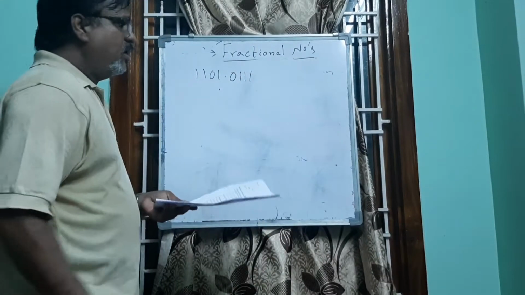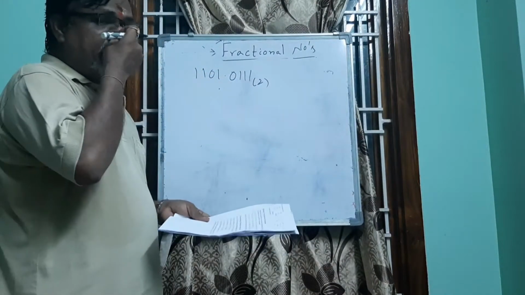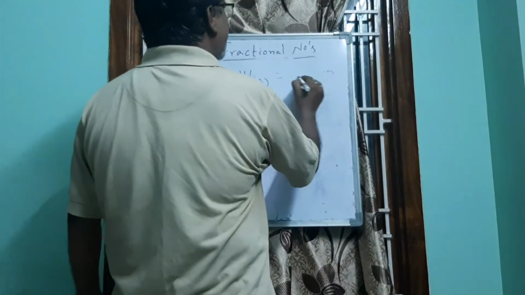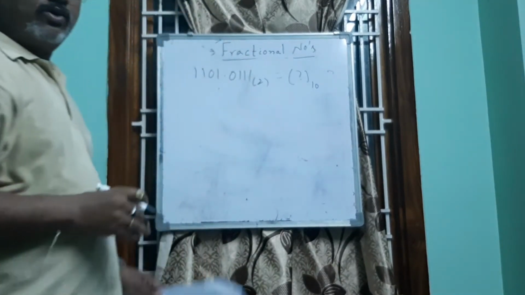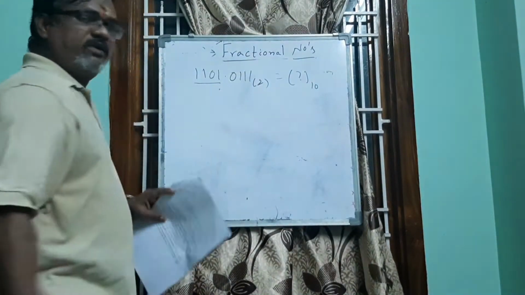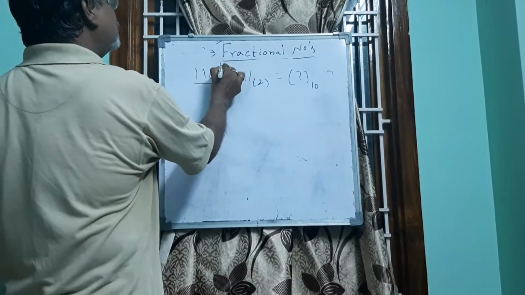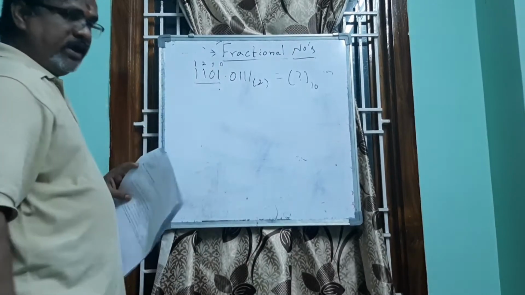1101.0111 base 2. How to convert this binary number to the equivalent decimal value? First, you know very well how to convert an integer number. So here the position values are 0, 1, 2, 3.